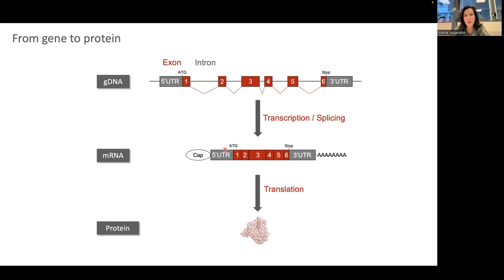Once you get the RNA, it is read by the cell from the beginning to the stop, adding amino acids one by one. The amino acids are the bits that make the proteins. So in the end, after what we call translation, we get the full protein corresponding to a given gene.